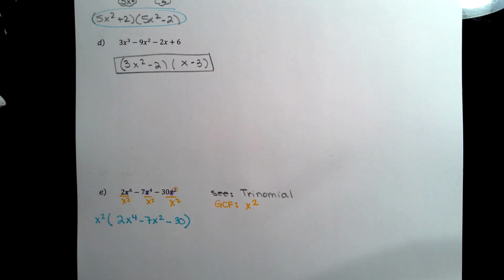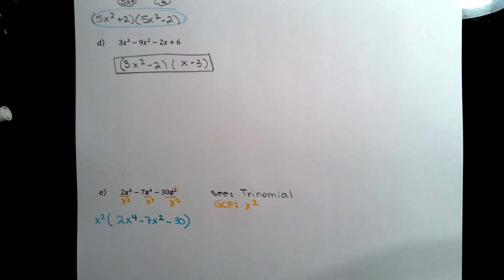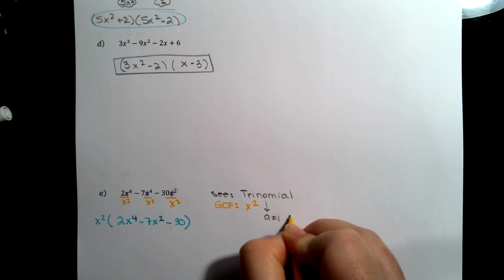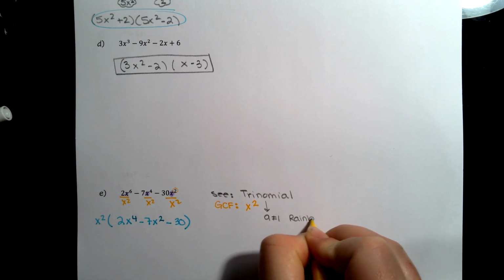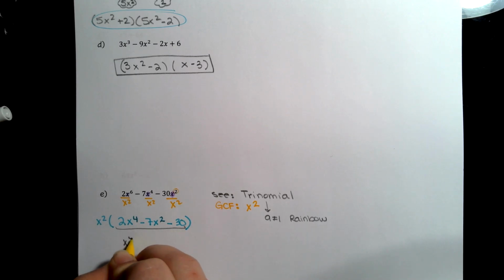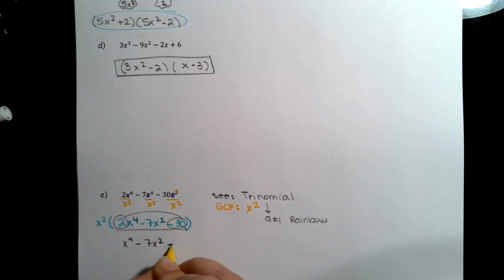Now, if you take a look at the exponents, I have a 4 and a 2, which means I have a quadratic pattern. And with this quadratic pattern, I can use the traditional methods of either guess and check or rainbow method. Since my A value is not 1, I am going to use rainbow, giving us, and again, I'm focusing here, x to the 4th power minus 7x squared, multiplying the 2 and 30.